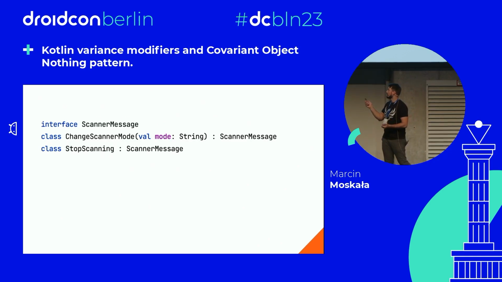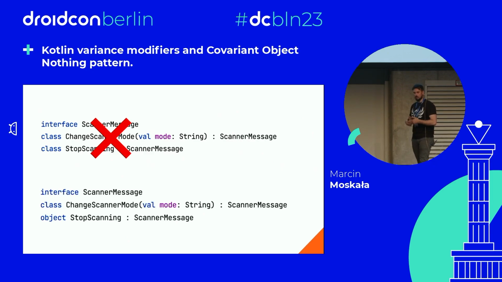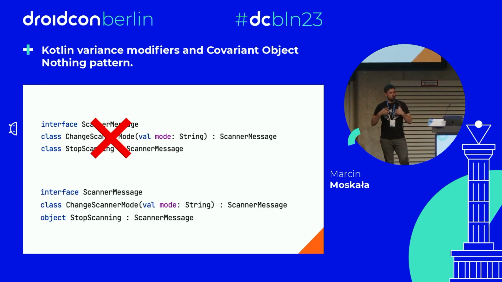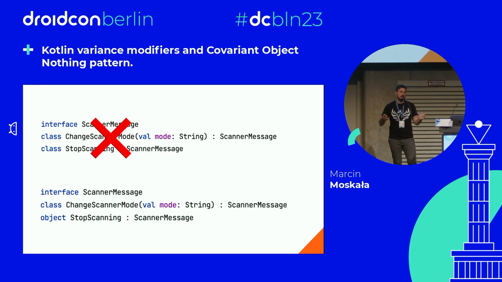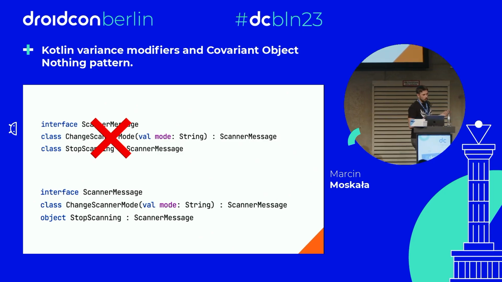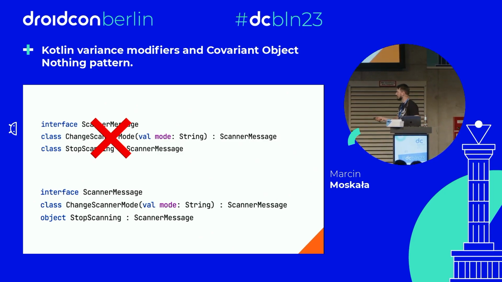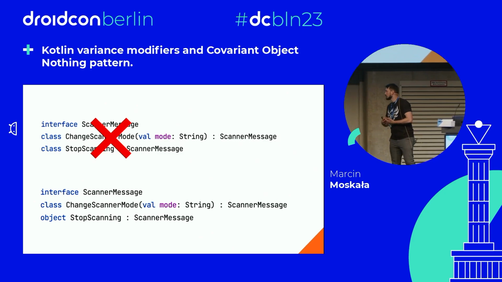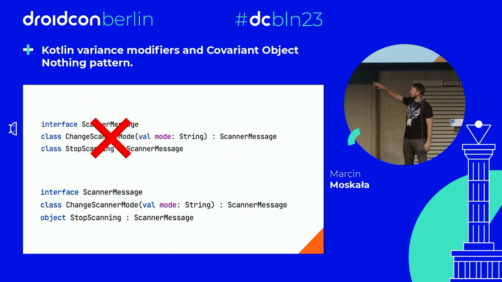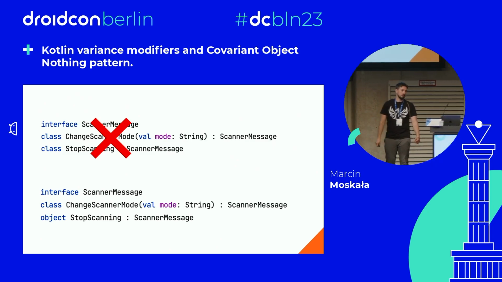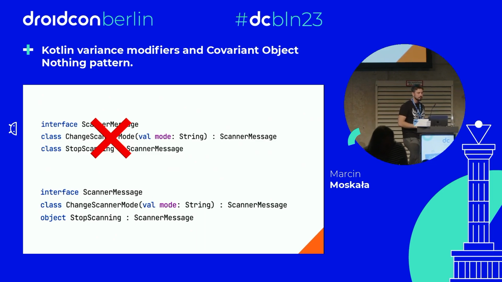Instead, you should use an object declaration and have one instance for all the messages of this type. Yeah, this is a low-level optimization. Because we are using the object keyword, there will be only one singleton object, instead of multiple objects representing this message type.